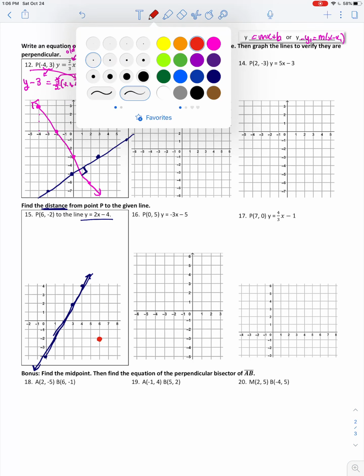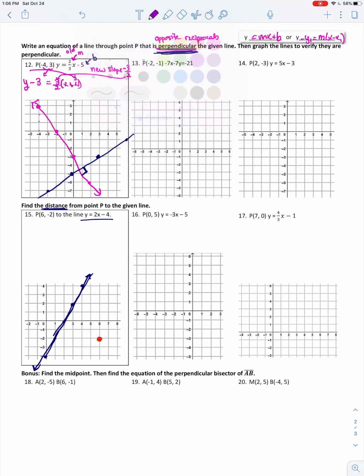So if you were trying to find the shortest path from a point to a line, you want the perpendicular distance. The perpendicular distance, because that's the quickest way to get there. So we don't want the distance from the red dot to this dot or this one. We want to figure out what the closest, the shortest distance is. And the perpendicular distance will have an opposite reciprocal for the slope.